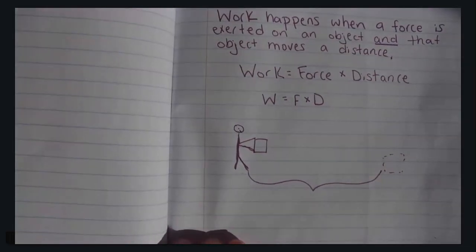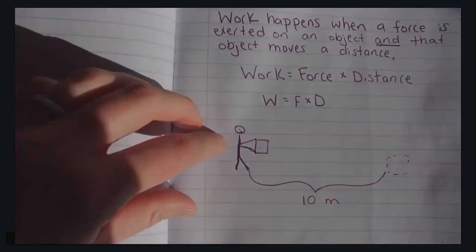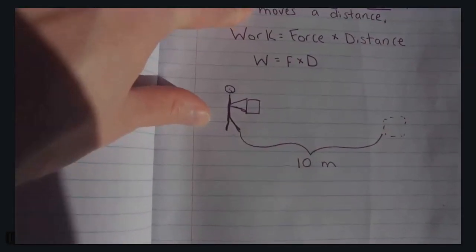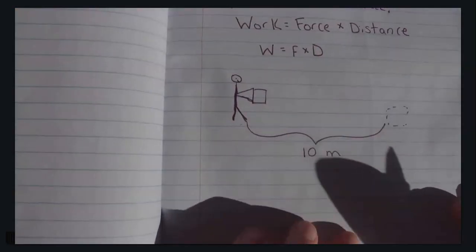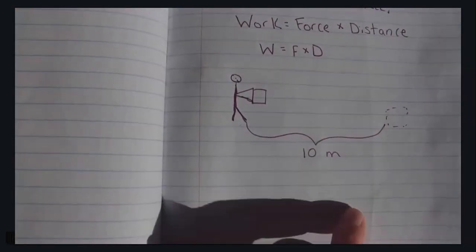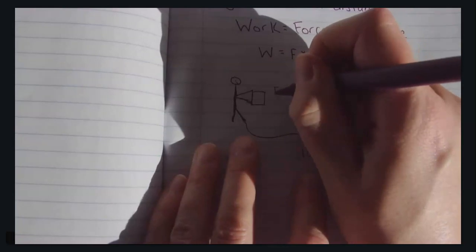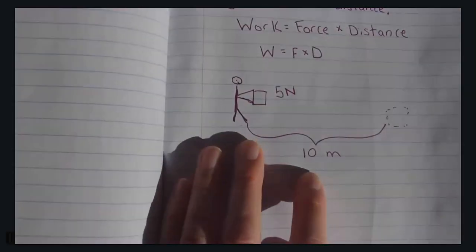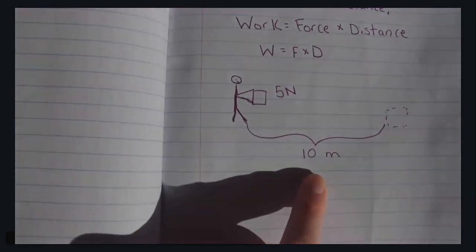Okay. That distance is 10 meters. 10 m for meters. Remember, in science we use centimeters and meters. Now, that's our distance. The amount of force that we need to move that box is 5 newtons.